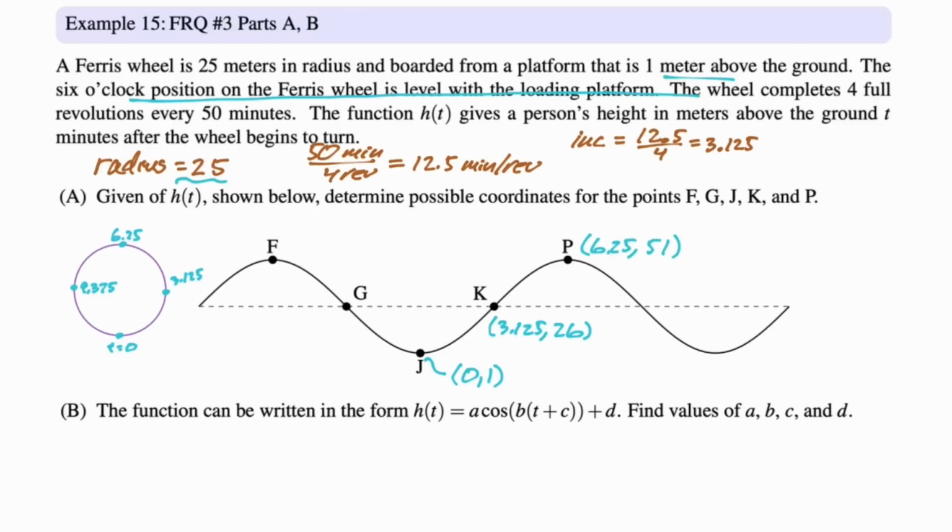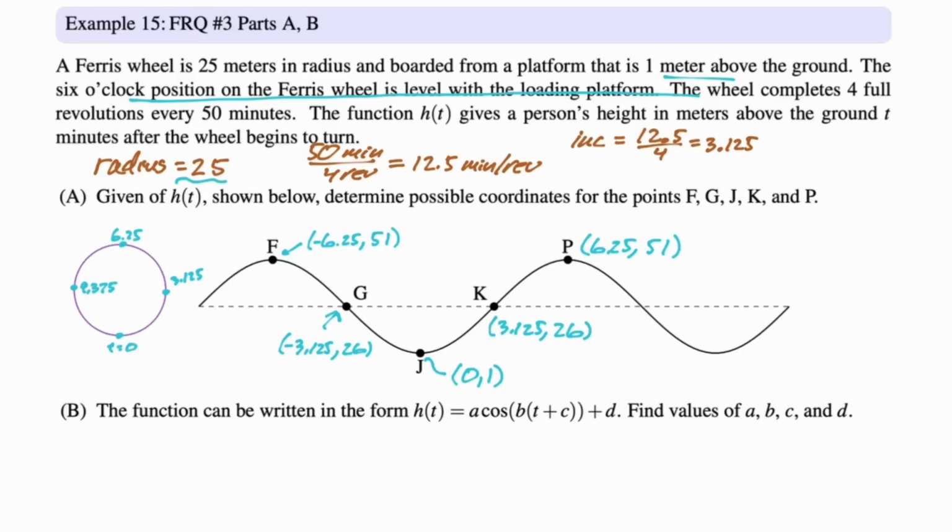These numbers, the x-coordinates at least, might be worse than what you would see on the exam. I don't know. I hope they put a lot more thought into this. Now, I'm going to have to go backwards to make this work, and I don't think that's a problem, because it still does describe where you would be. So negative 3.125 and 26, and negative 6.25 and 51.